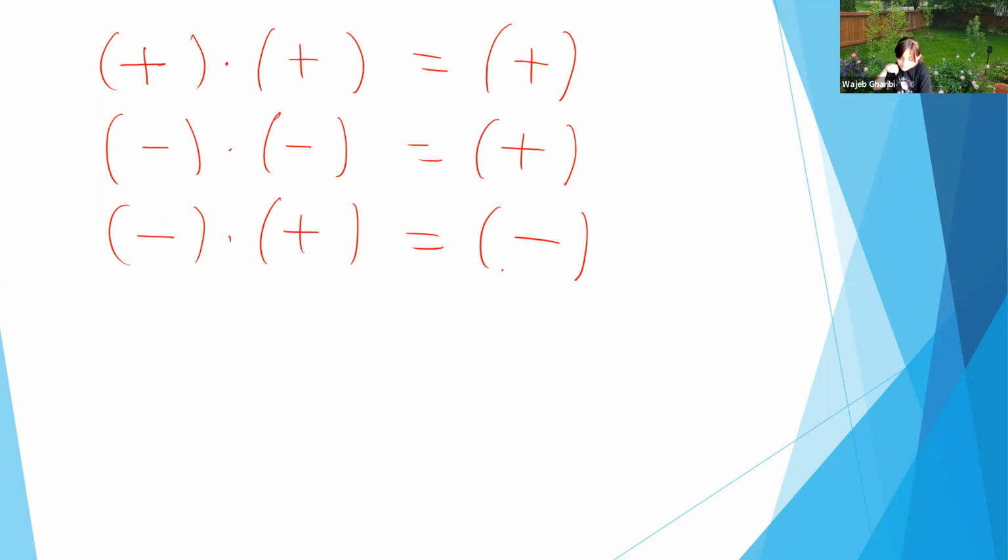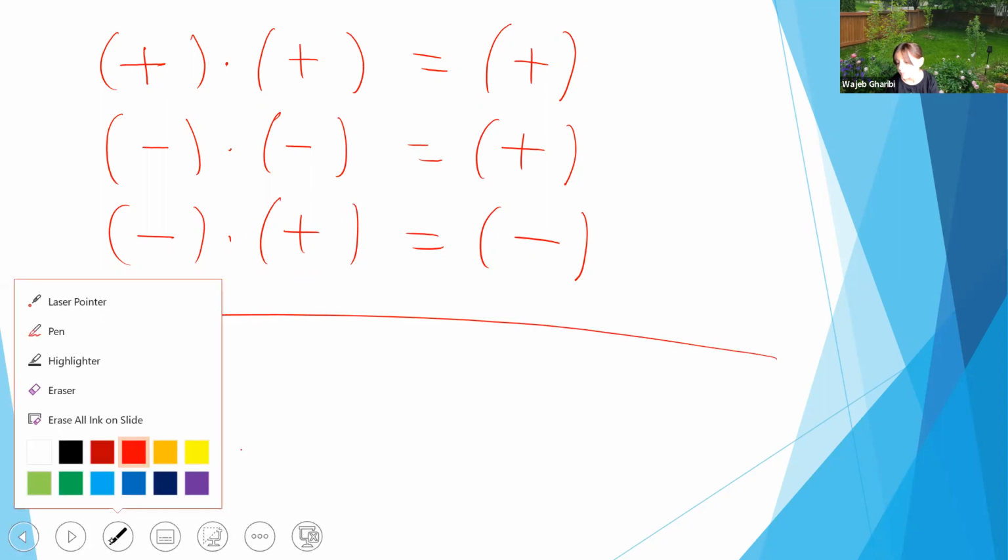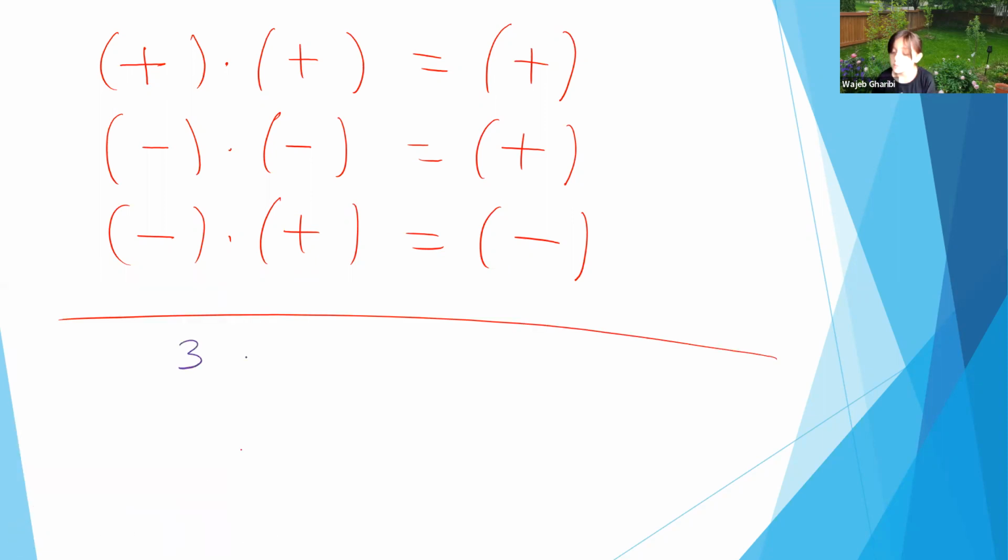So when we have two of the same sign, let us give an example. If we have 3 multiplied by 4, it is 12. If we have -3 multiplied by -4, it is also +12.